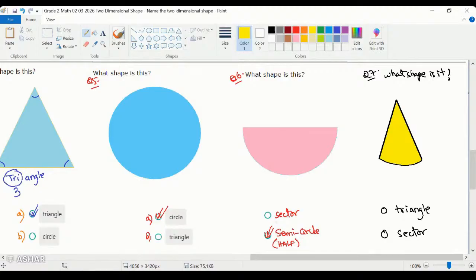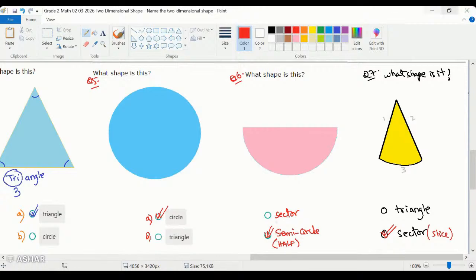But not all 3 sides are straight lines. So we have to say this is a slice, like a slice of a pizza. A slice is always a sector because it's part of a circle.